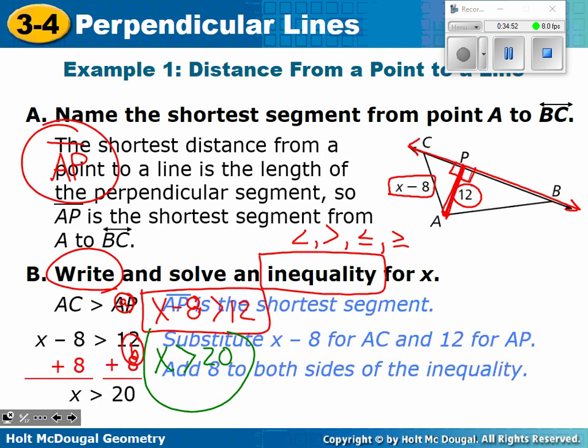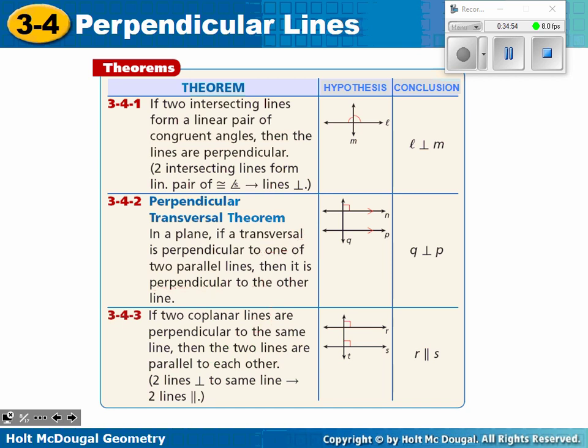Should be. All right, so before we can do the rest of our proofs, we've got to learn some more theorems. And this is where, again, to try to help organize your thoughts, let's make a little chart up here. Yeah, I would write this down. So there should be a big blank box there, right?